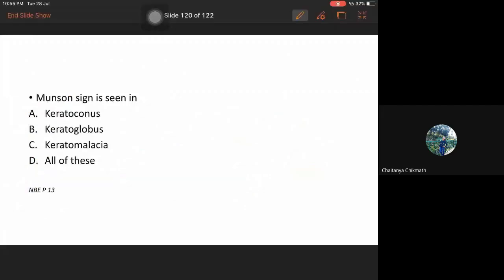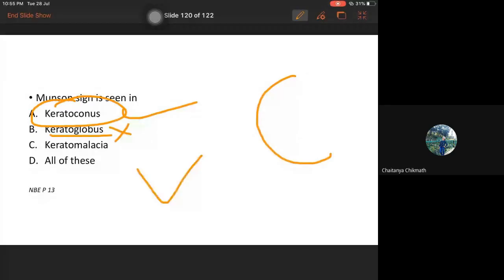Munson sign is seen in keratoconus, keratoglobus, keratomalacia and all of this. What is the answer? We don't see it in the case of keratoglobus. So keratoconus is the only condition. Globus doesn't produce it. Munson sign is because of a conical shape, a conical protrusion, an outward protrusion of the lower eyelid.